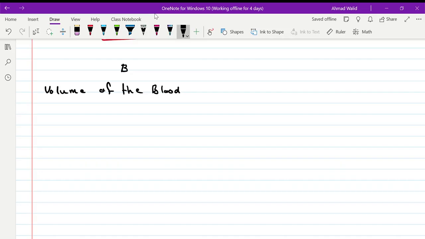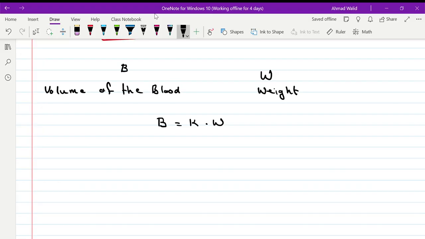If I use W for the weight of the person, correct? The volume of the blood varies directly to the weight of the person. It means I can write B equals K times W.